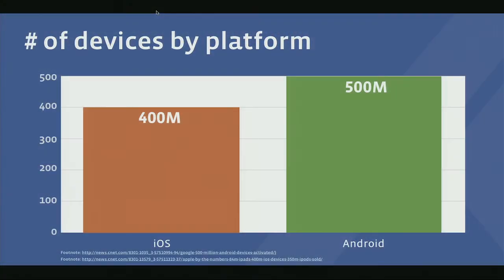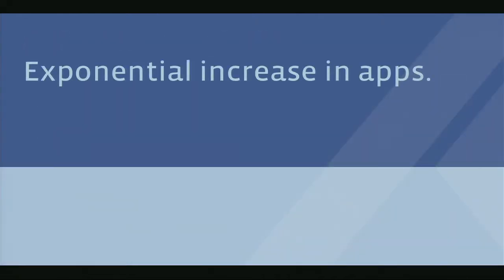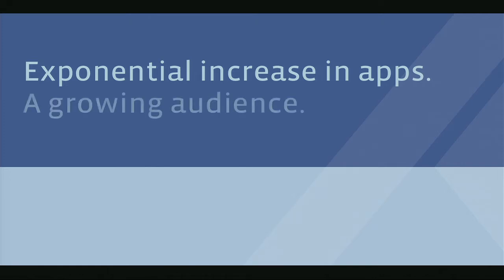If you look at the total number of activations for Android, the total number of iOS devices sold, we're looking at hundreds and hundreds and hundreds of millions of devices that can run your applications. And so what we're observing is an increase, an exponential increase actually, in the total number of content as well as applications that are available inside of these various stores. We're seeing an ever-growing audience, an ever-growing number of users that can take advantage of that content and those applications.